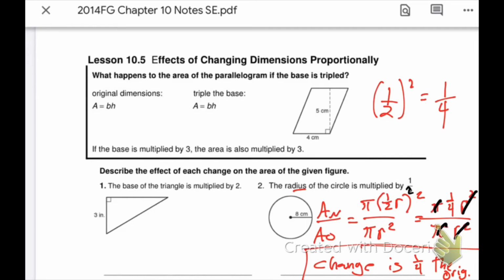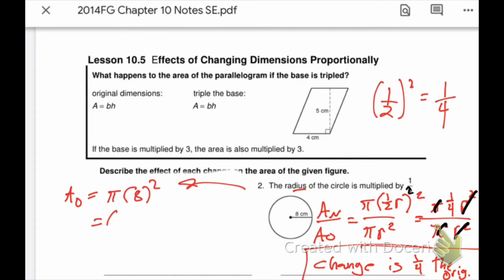Now what would I get if I were to actually plug this all in? I'm going to erase this and see what I get if I actually plug the numbers in and see the actual areas. So let's calculate, for example 2, the original area. So we get pi times radius squared, so pi 8 squared. That gives me 64 pi. Let's calculate the new area. Well, if it's 1/2 the original, it's going to be pi times 1/2 of 8 is 4, so I get 4 squared.